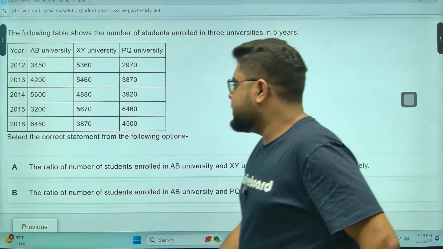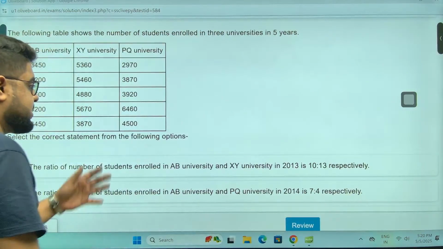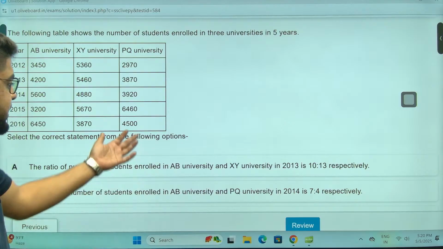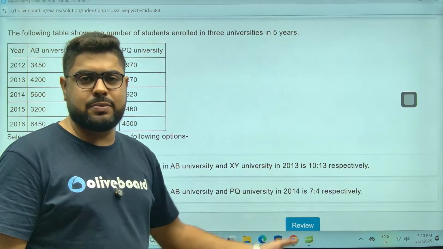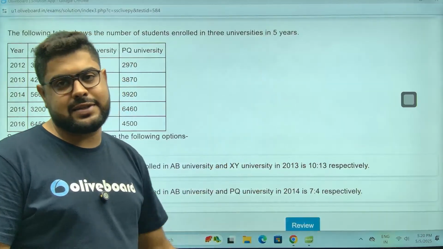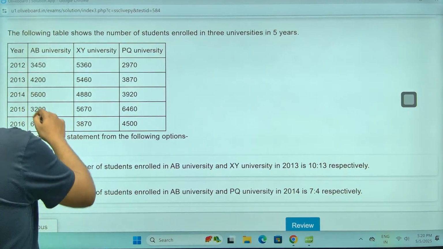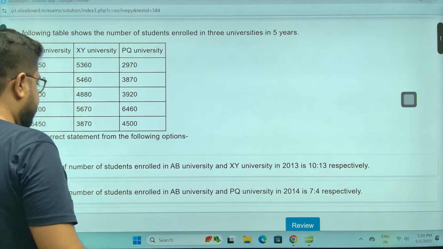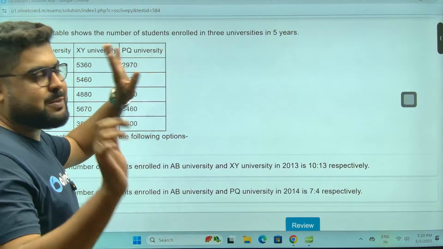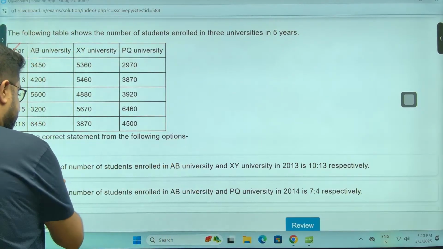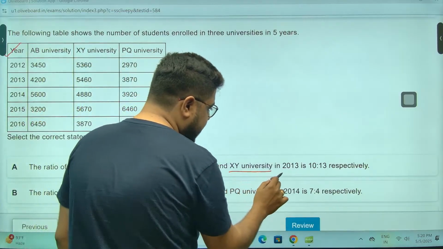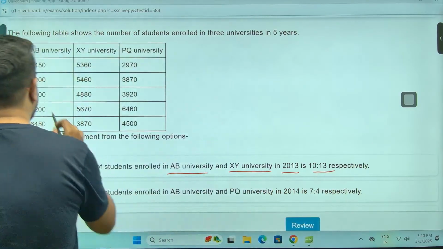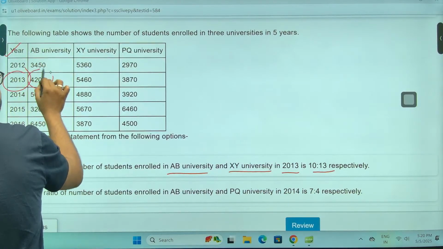Sir, select the correct statement. We can't see all the statements. Let's see. First we'll do these two, then we'll omit everything, and only then can we see statements 3 and 4. If either of these two is the answer, then very good. First, the ratio of the students enrolled in AB and XY in 2013 is this. 2013 AB is this and XY.